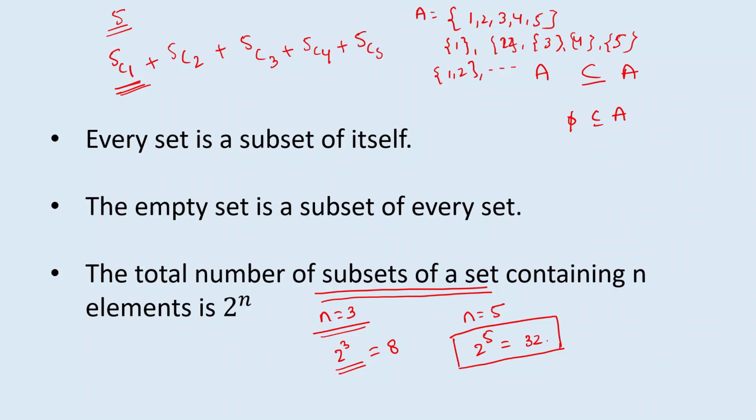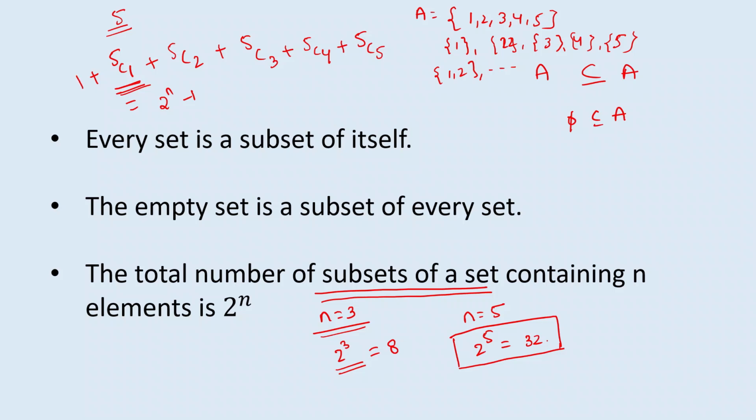And finally, we'll be taking all the 5 elements. So the total number of such combinations is 2 to the power of n minus 1. And you remember, if we don't take anything, then we'll be having phi as another subset.